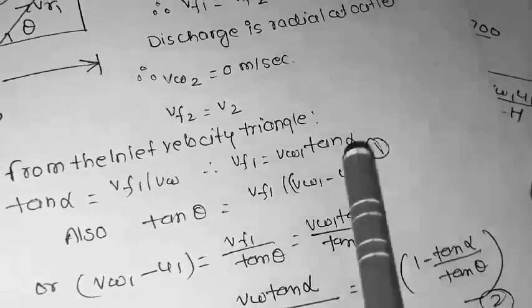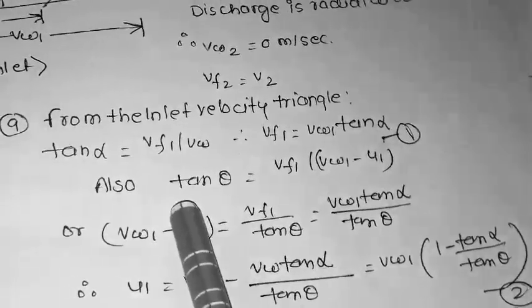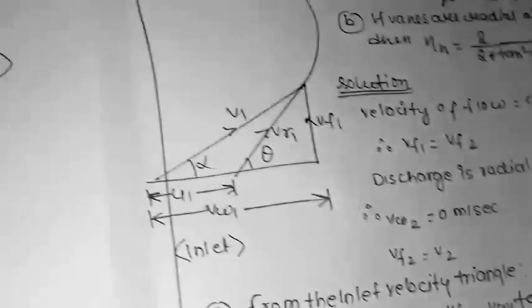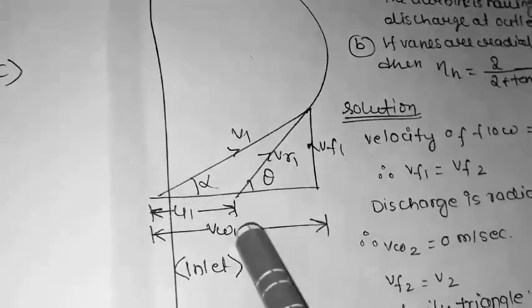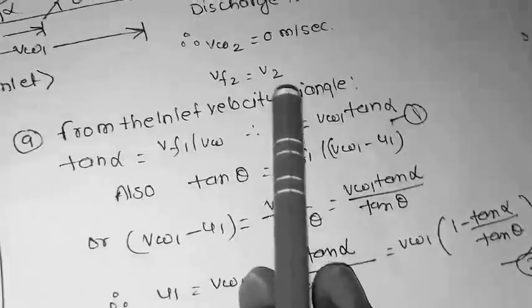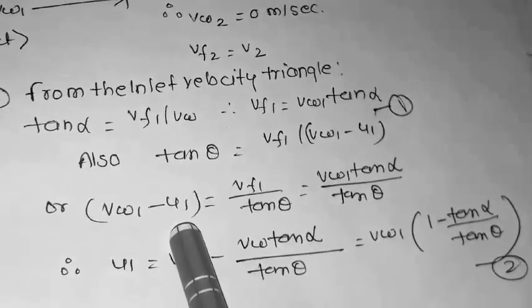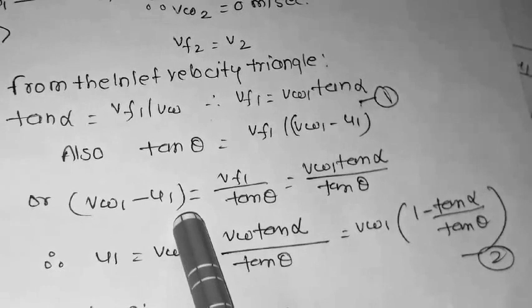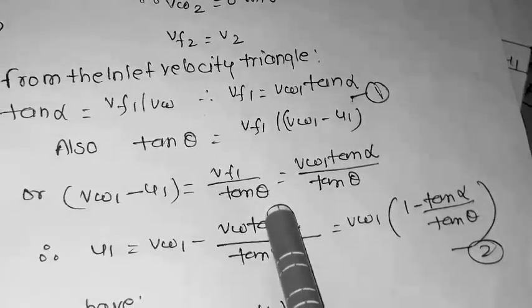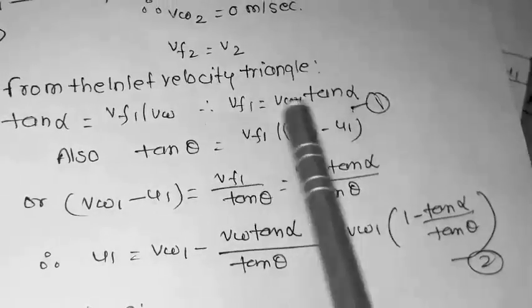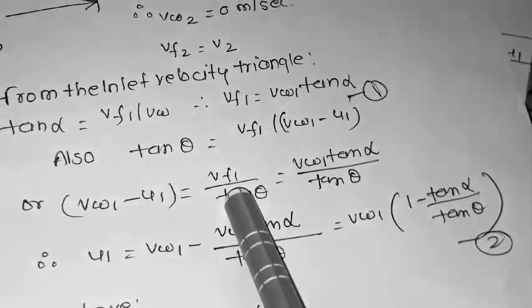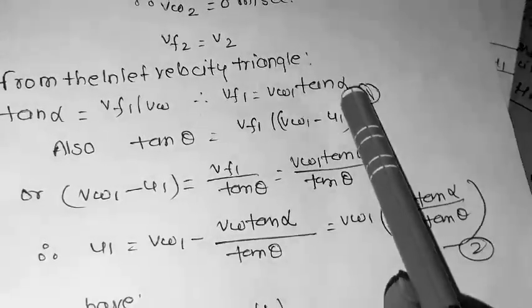This is equation number 1. And also we know that tan theta is equal to Vf1 upon Vw1 minus u1. Okay, this is the value of tan theta. Now the value of Vw1 minus u1 is equal to Vf1 upon tan theta, and from this relation we can write Vf1 as Vw1 tan alpha.